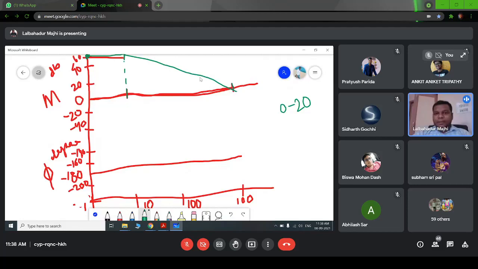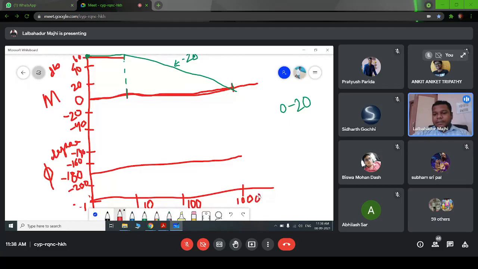I will tell you how to draw these minus 20 or minus 40 slopes. From this corner frequency, we have to draw a minus 20 dB per decade slope up to the next corner frequency, which is 1000.